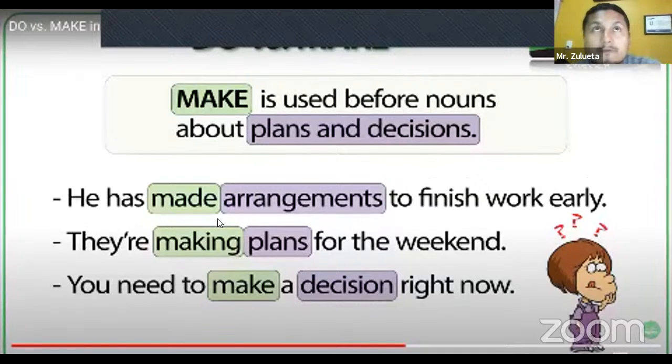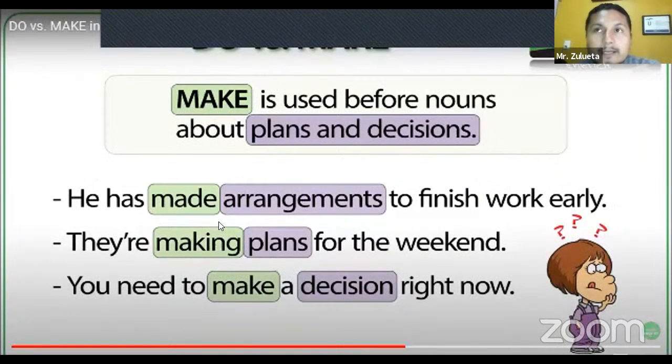For example, if you go to a restaurant with your friend and you take way too long, and your friend becomes, I don't know, anxious because you are not ordering your food, then he can come up with the following expressions. Make up your mind.